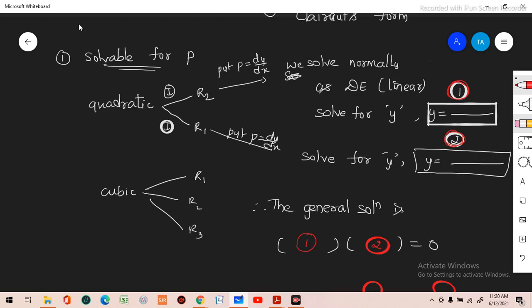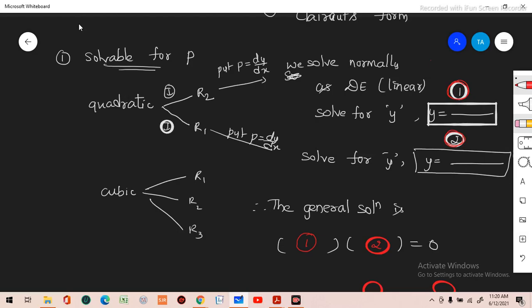Is it fine, guys? So what I am telling is, if I get a quadratic equation, you should try to find out the roots of that equation. That is the first step. Second step, you will substitute the value of p as dy by dx. Then we will solve for y. We will get the solution in terms of y for both the roots, 1 and 2 respectively.